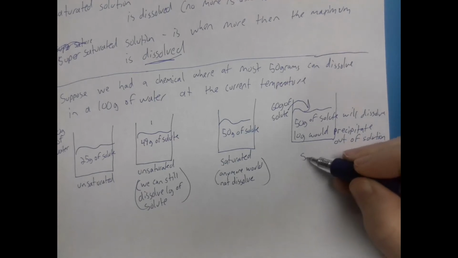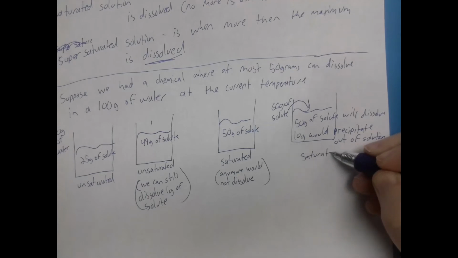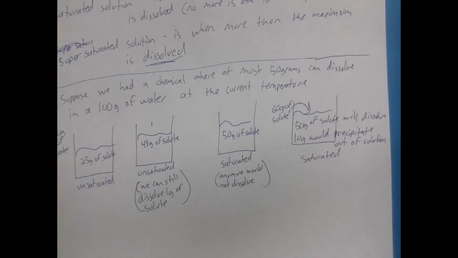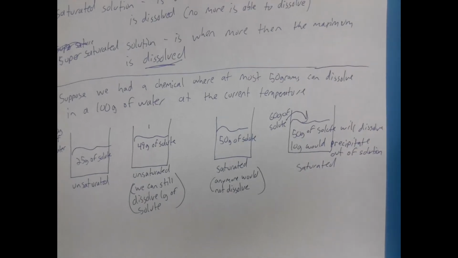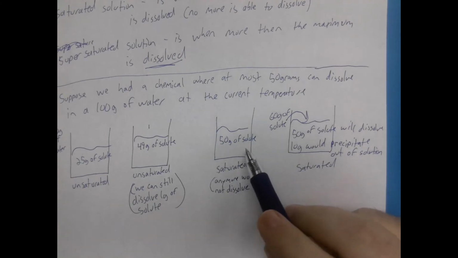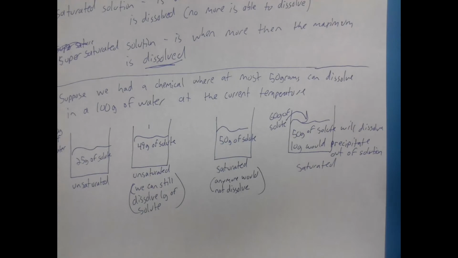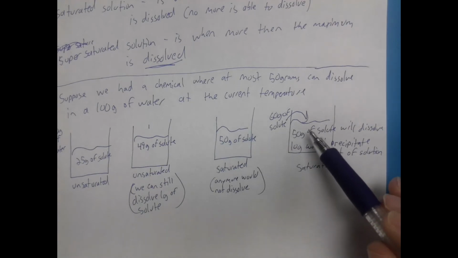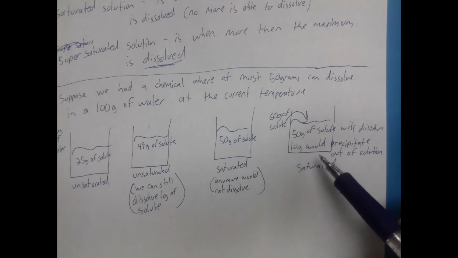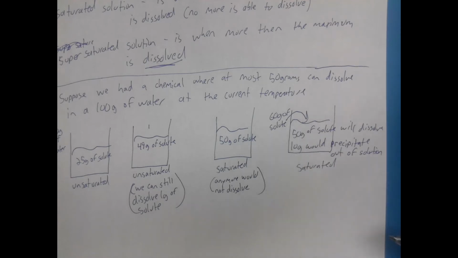And this would still be saturated. So just adding more than the maximum does not give you a supersaturated solution. Putting 60 grams into it, we still have 50 grams dissolving, and 10 grams would fall out.